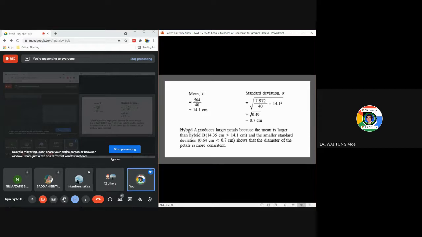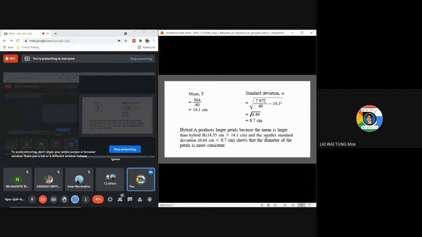Your answer will be hybrid A, because the mean for hybrid A is larger than hybrid B. So you can write the values here: hybrid A is 14.35, as to hybrid B is only 14.1. So you say that hybrid A will produce larger petals because the mean is larger than hybrid B.